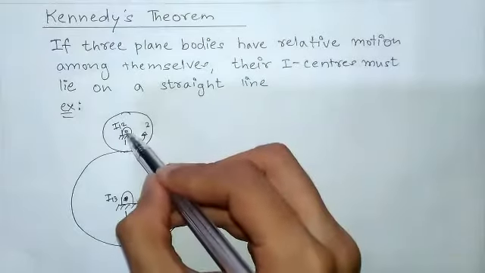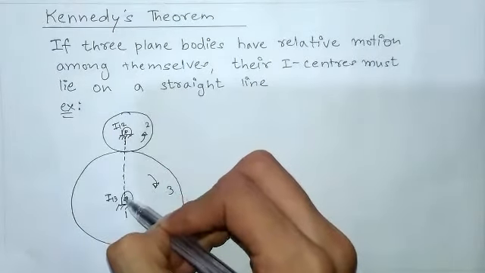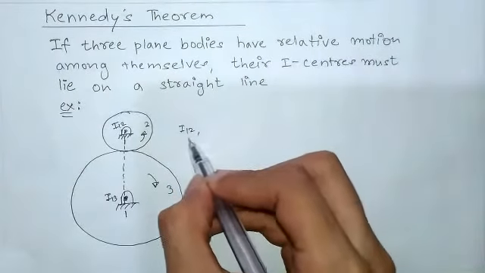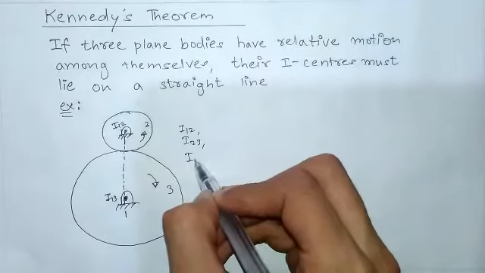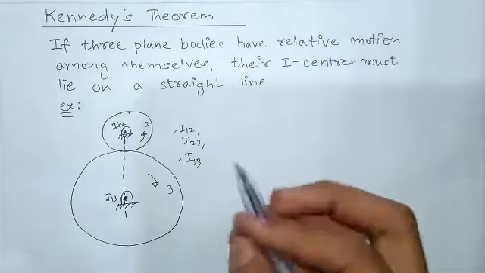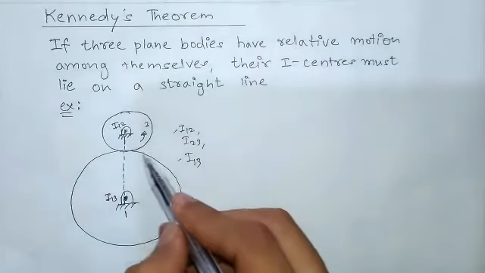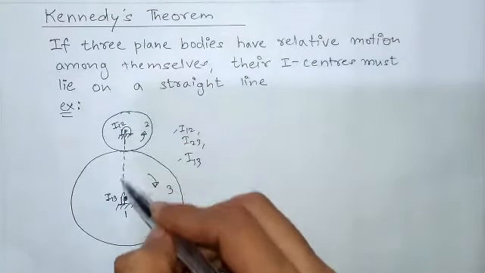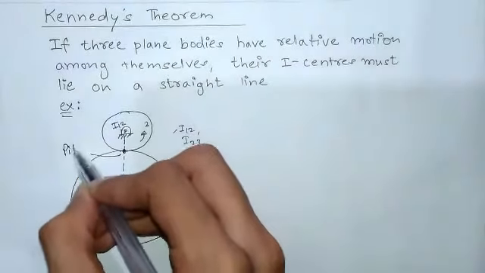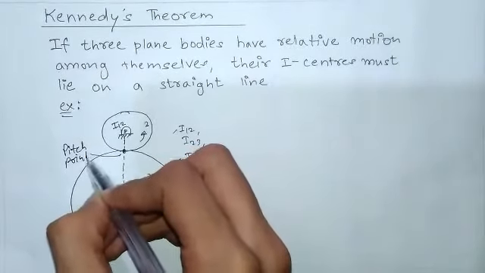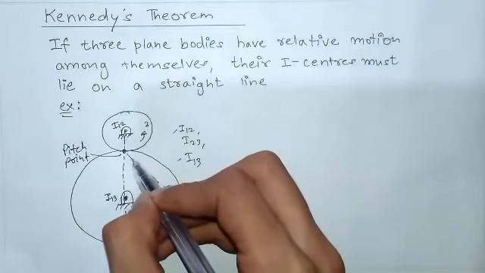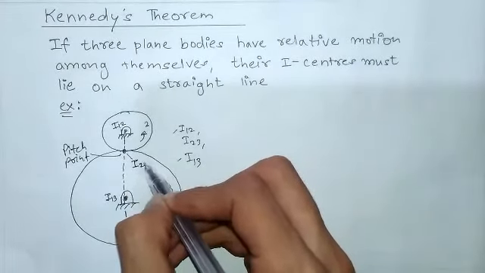If we join both of them, there are three possibilities: I12, I23 and I13. I12 and I13 we have got. The theorem simply says that I23 is going to be somewhere on this line. And we know that this point, which is known as the pitch point, is where both the gears have the same velocity, and so in this case this would be the I23 point.